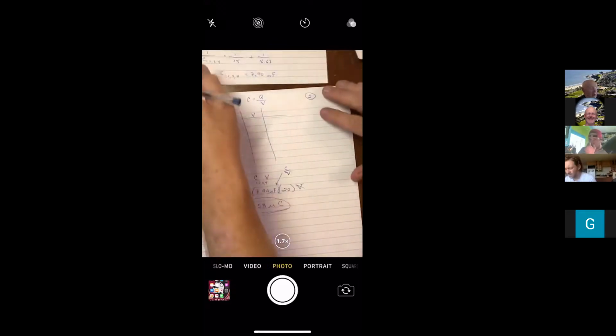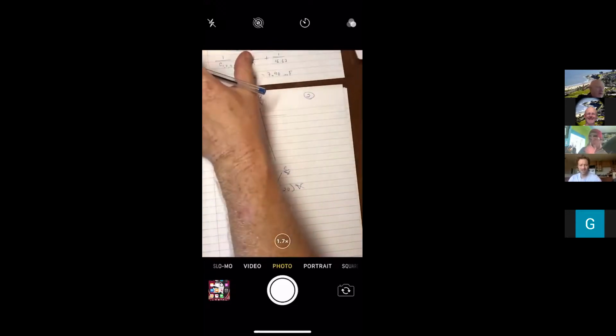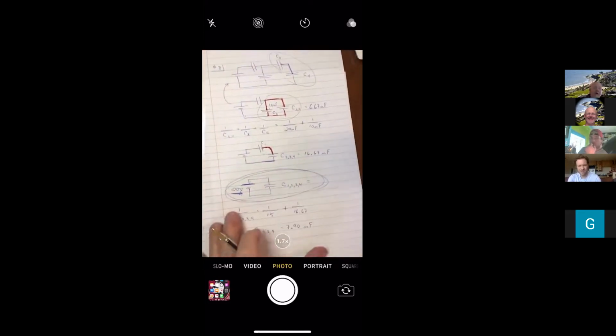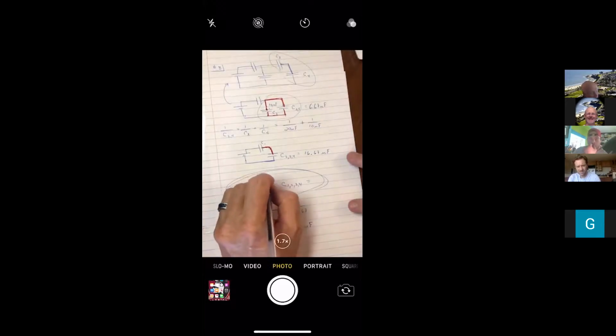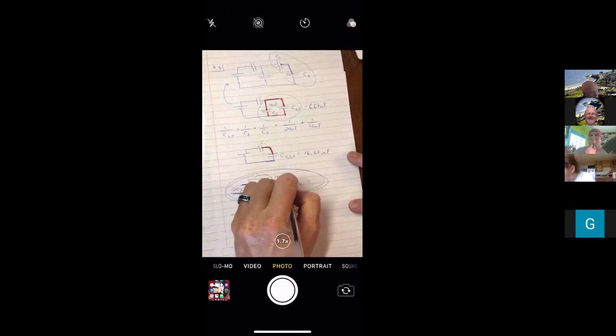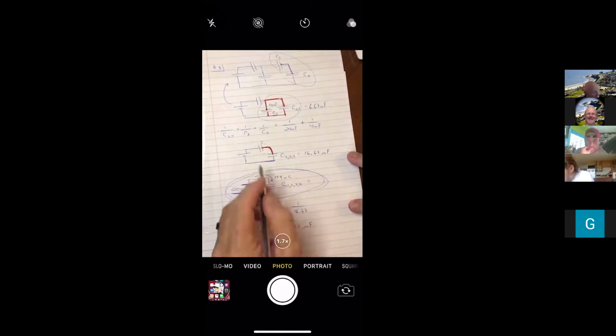I want to be careful with that phrase, but I'm just going to come back to the equivalent of the equivalent of the equivalent. What this is telling me is there would be a charge of 158 microcoulombs on this equivalent capacitor.